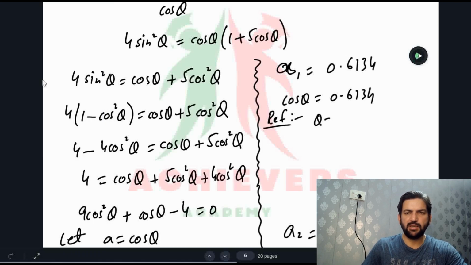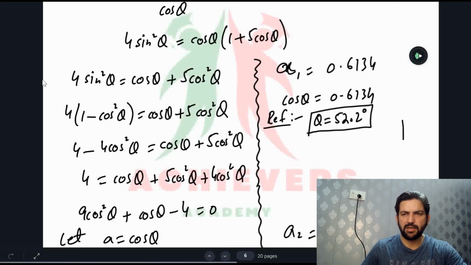So theta is 52.2 degrees. This will be the reference angle. Now we have to apply the CAST. Here we can see cos is positive. Cos is positive in two quadrants, this quadrant and this quadrant. So this one is 52.2, this one is 52.2.